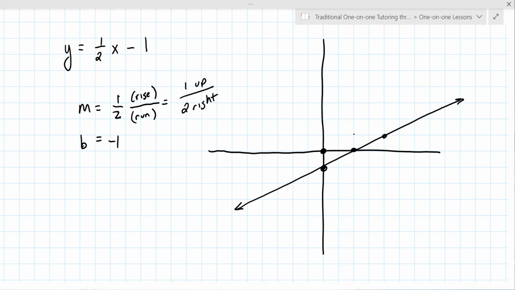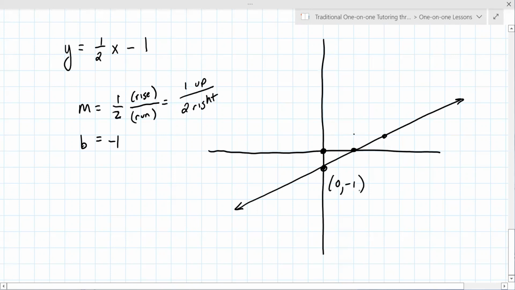Okay. Any questions on this? No, this point down here is (0, -1).